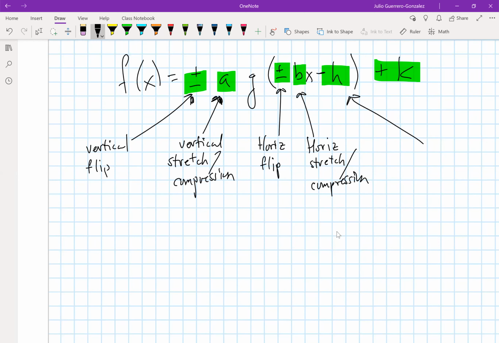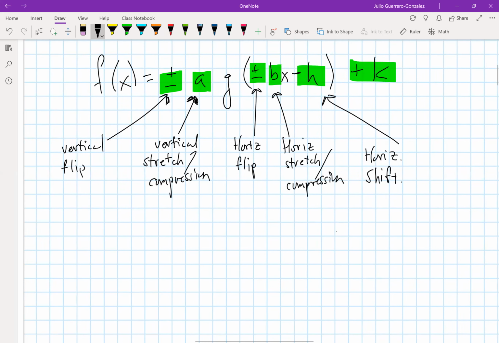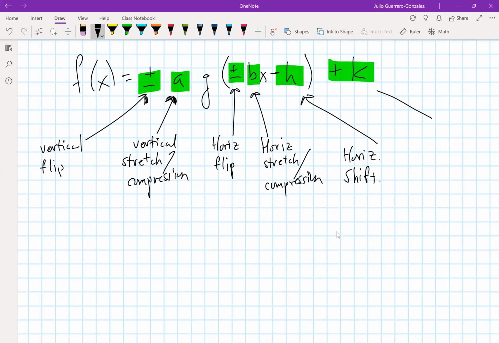Yes, that was what's called the horizontal shift. Right? And then lastly, that K. That one you go up or down. Right, this was the vertical shift. Got it? Okay.